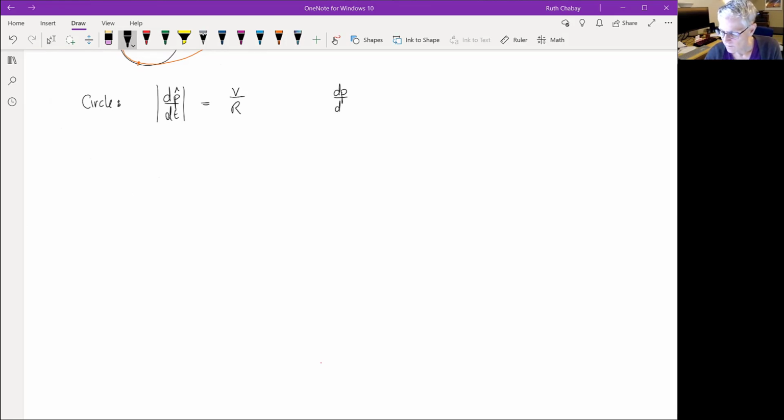Well, this is just calculus. dp/dt is a time derivative of momentum, and we know that we can write momentum as the product of the magnitude of the momentum times the unit vector in the direction of momentum, right? And so we're differentiating a product.